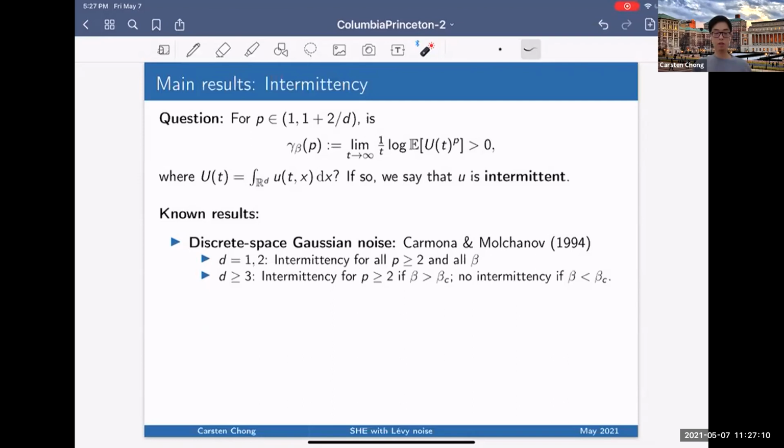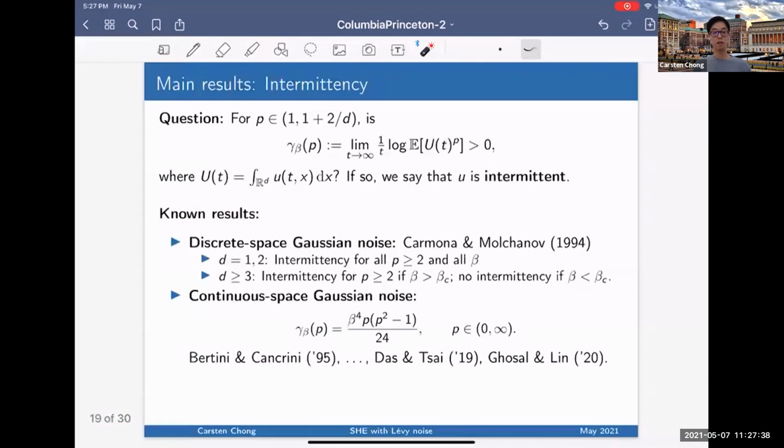While in dimension 3 or greater, you only have intermittency if beta, the constant in front of the noise, so the strength of the noise, is larger than some beta critical. You don't have intermittency if beta is smaller. That's a well-known result.